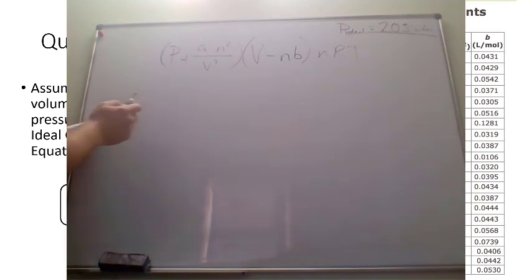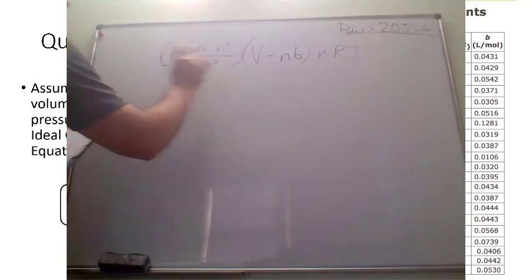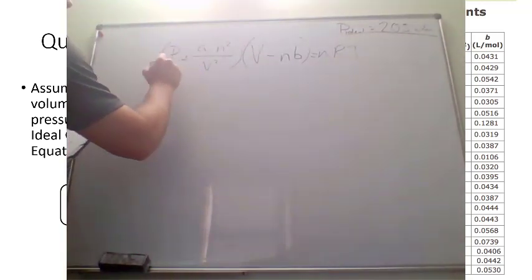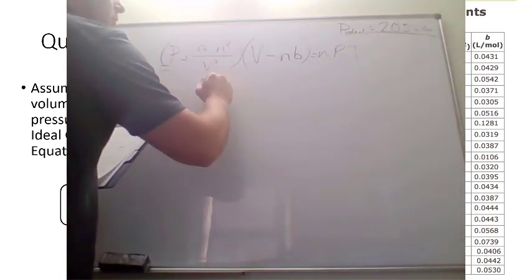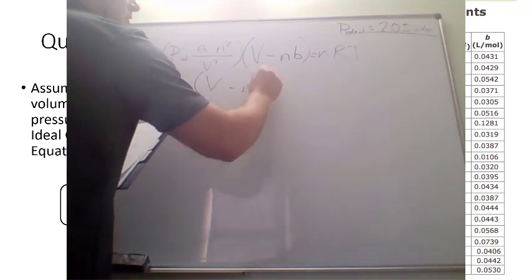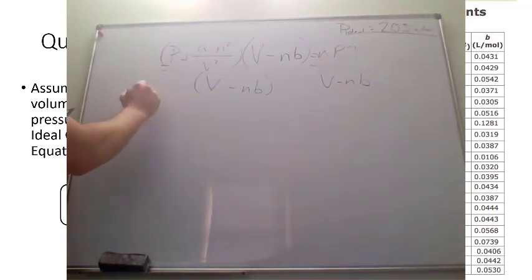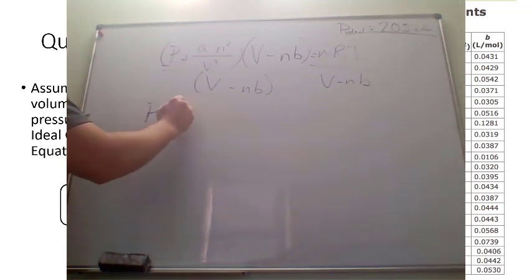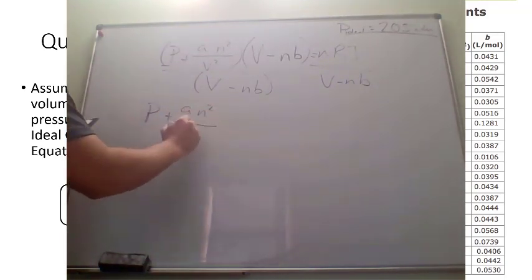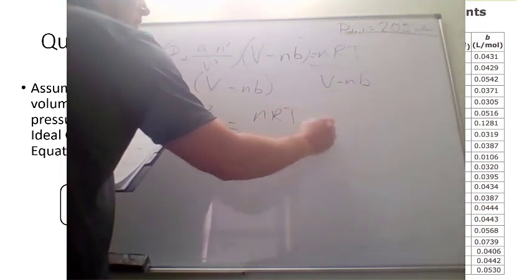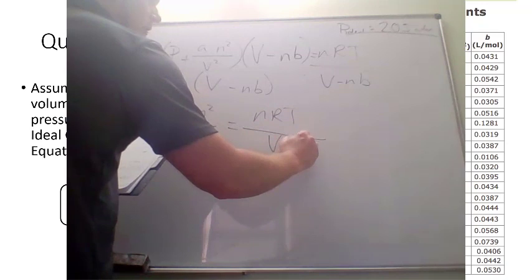Okay, so we want to be able to solve for our pressure P. So to do that, we're first going to divide both sides by V minus nB. So that's now going to say that P plus A n squared over V squared is equal to nRT over V minus nB.